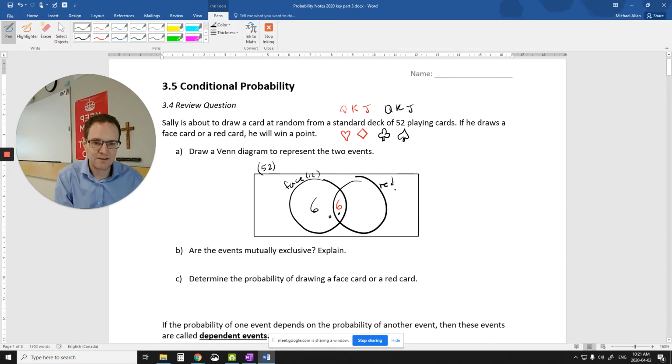Half the deck is red, so that's 26, which means there are 26 more red cards that are not face cards. So are they mutually exclusive? No. There are 6 cards in common.